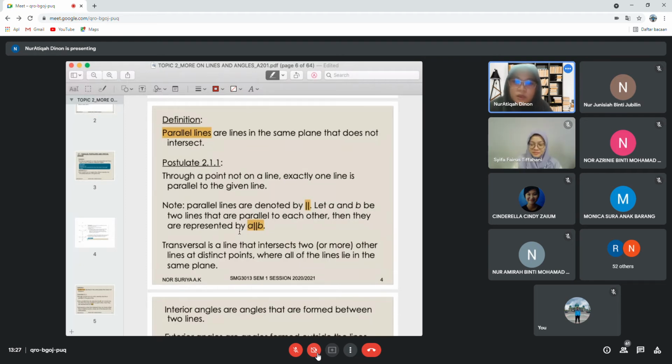Whenever you see this, you can read it as A is parallel to B, or A and B are two parallel lines. Next, another term is transversal. A transversal is a line that intersects two or more other lines at distinct points, where all of the lines lie in the same plane.